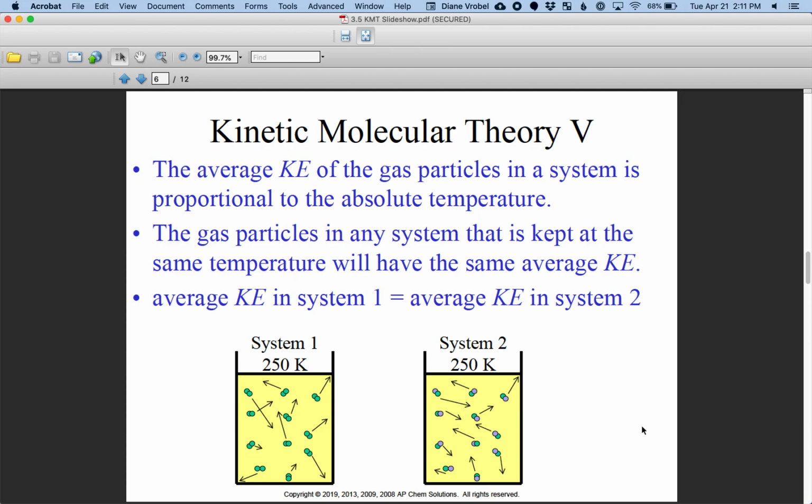So we can say that the average kinetic energy is a good measurement of the movement within that gas. So we're assuming that whatever the temperature is, that is the proportional energy for that gas in that container.